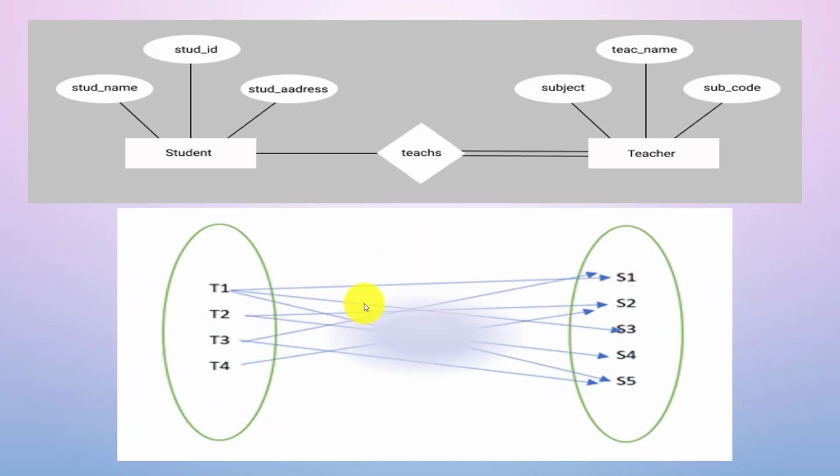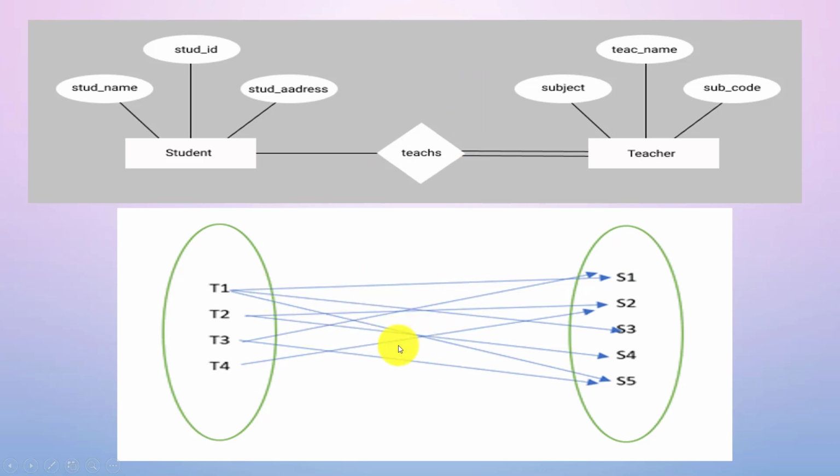This can be represented by a diagram. These are the objects of teacher, that is T1, T2, T3, T4, the four objects of teacher, and these are the objects of the student entity, that is S1, S2, S3, S4 and S5. Teacher T1 teaches S1, teacher T2 teaches S2, T3 teaches S1 and T4 teaches S2.